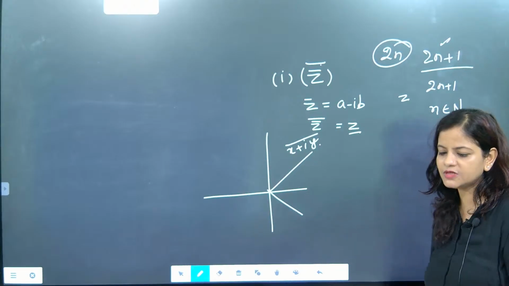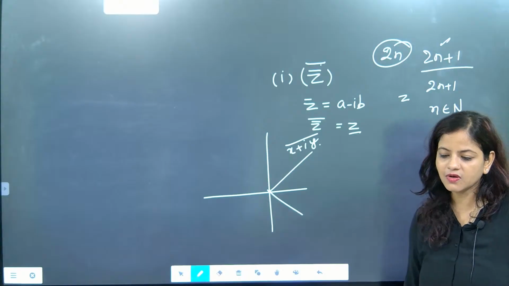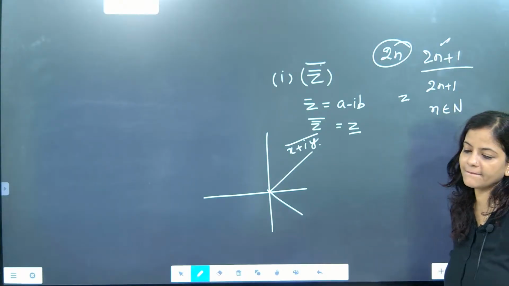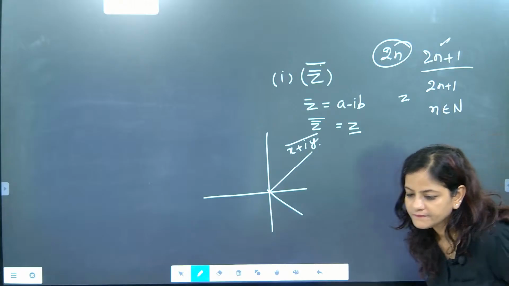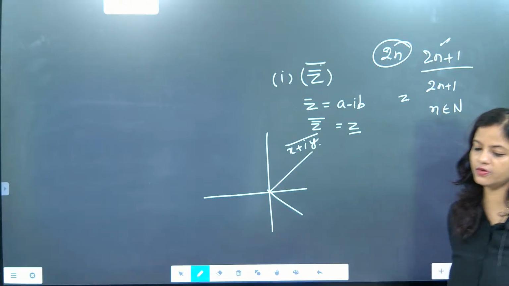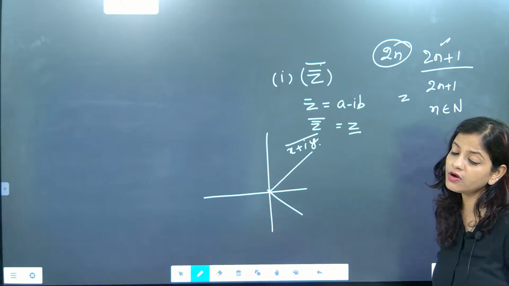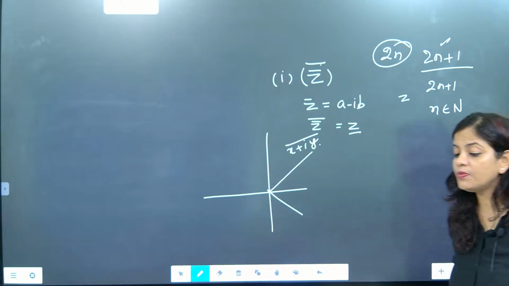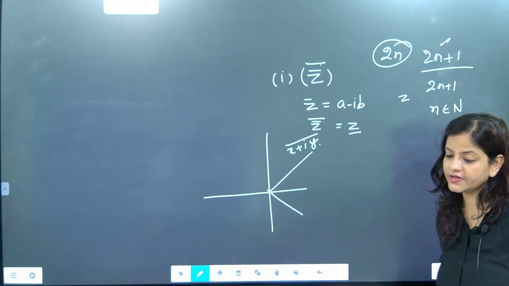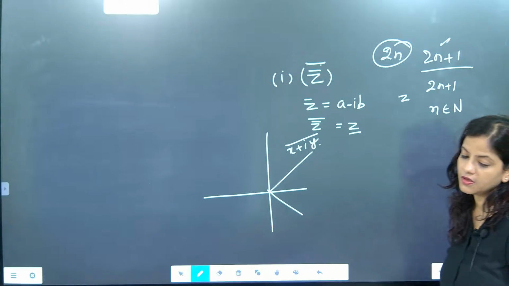Once your ABCD is pakka, anything you can solve. After this, 2n plus 1 times, n is a natural number. So what answer are you going to get? Z or conjugate of z overall?